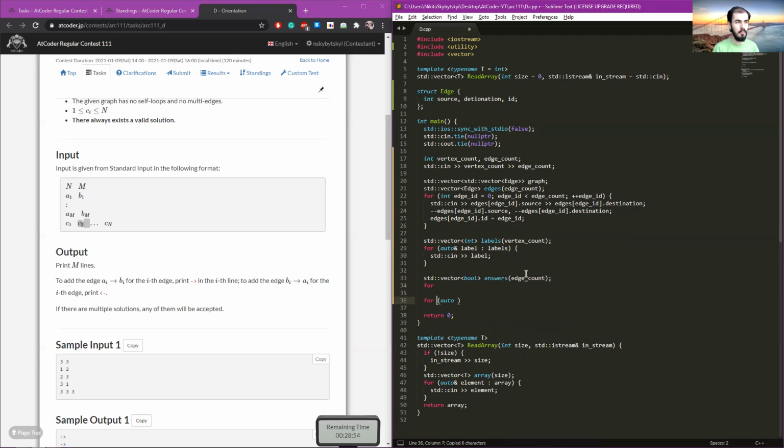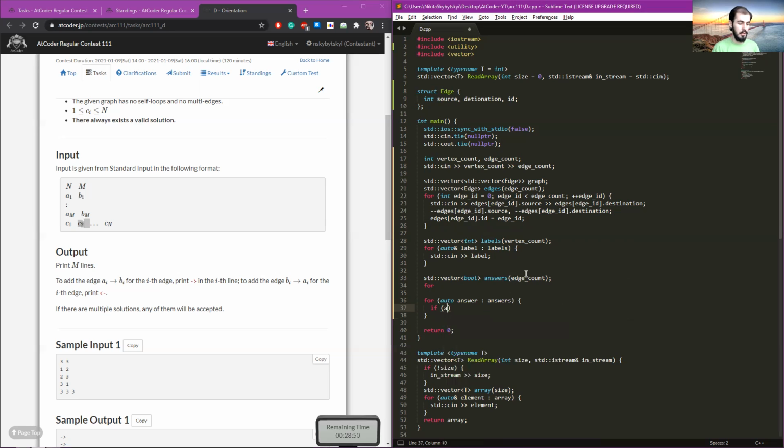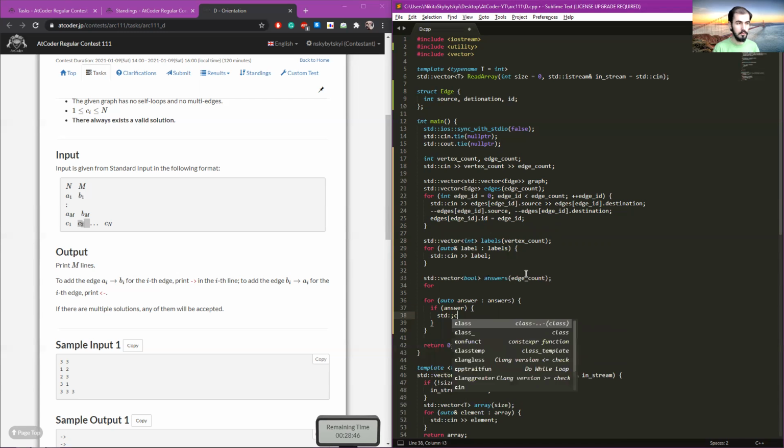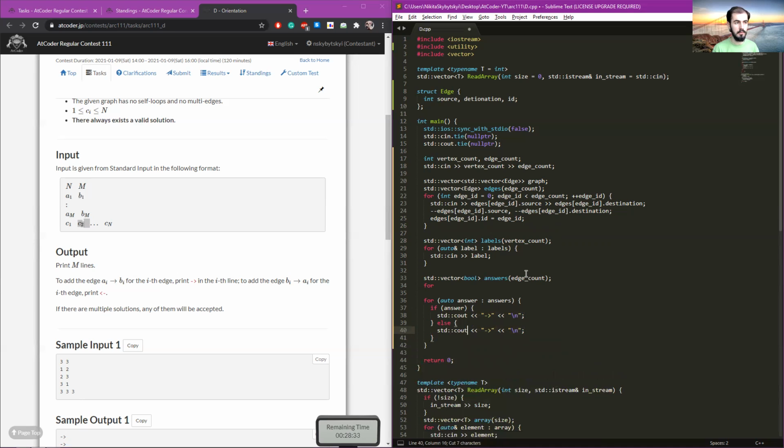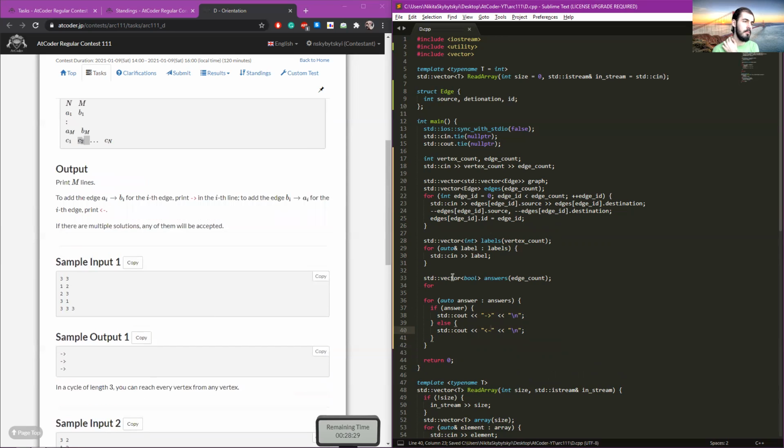Answers. We'll loop through them. Let's say if answer, then it means that the edge has to be oriented in the initial order that it was given to us, otherwise in the reverse order.